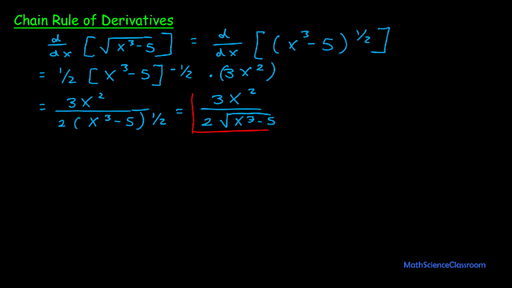That's the answer. And next, d dx of 1 over x cubed plus 7 to the 4th power.